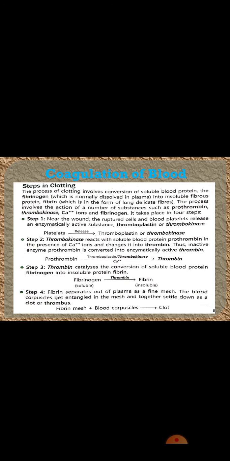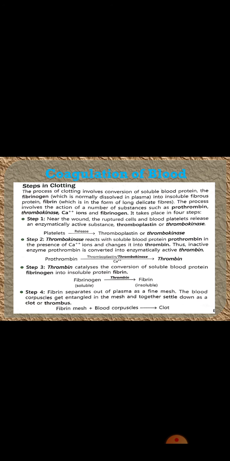Clear? And what are the steps included in the clotting process? The process of clotting involves conversion of soluble blood protein, the fibrinogen, which is already present in plasma, into insoluble fibrous protein. Now the fibrin, which is in the form of fibers, involves the action of a number of substances such as prothrombin, thrombokinase, calcium ions and fibrinogen. In the first step, platelets release thromboplastin or thrombokinase after the rupturing of cells.